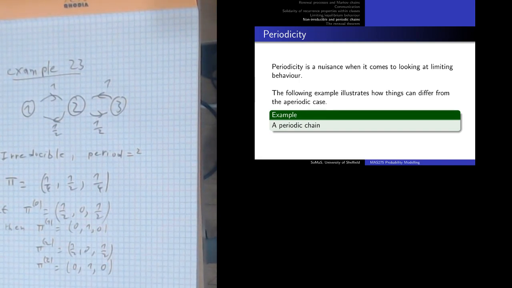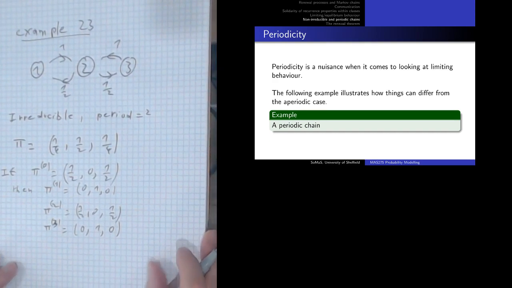And you can see what's going on. The sequence is periodic, so the name makes sense. Pi is periodic with period 2, and we're going to cycle between 1/2, 0, 1/2 and 0, 1, 0. So we can't converge.